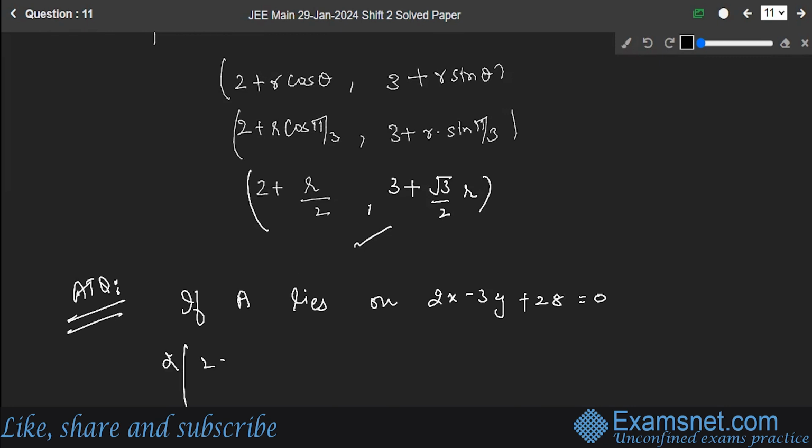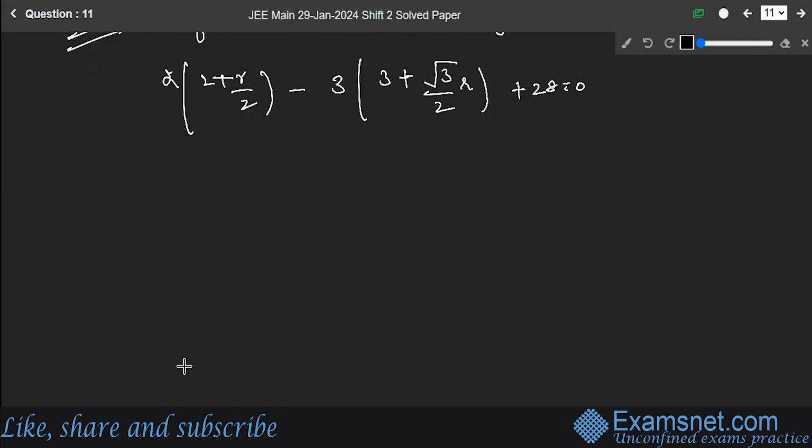This will make it 2 into (2 plus r by 2) minus 3 into (3 plus root 3 by 2 r) plus 28 is equal to 0. So you will have 4 plus r minus 9 minus 3 root 3 upon 2 r plus 28 is equal to 0. Or you will have this as minus 23.